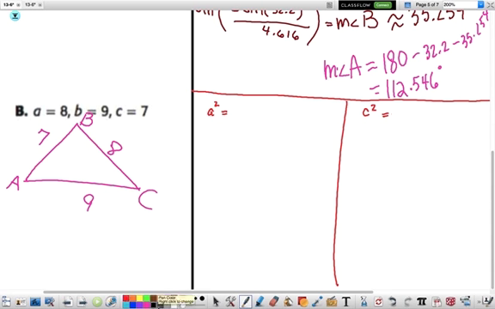But I'm just going to set it up, and I'm sure you can do it. So there's the setup.